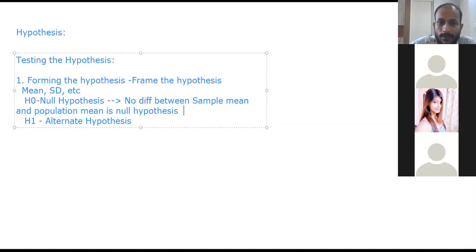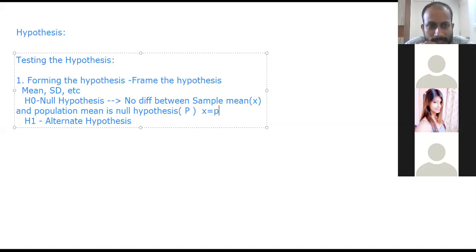Mathematically, I can denote the sample mean as x bar, and for the population mean there is the symbol mu, which I cannot type here, but let us say that right now I'm using the letter p. So I can write x bar is equal to p. Are you getting it, guys?